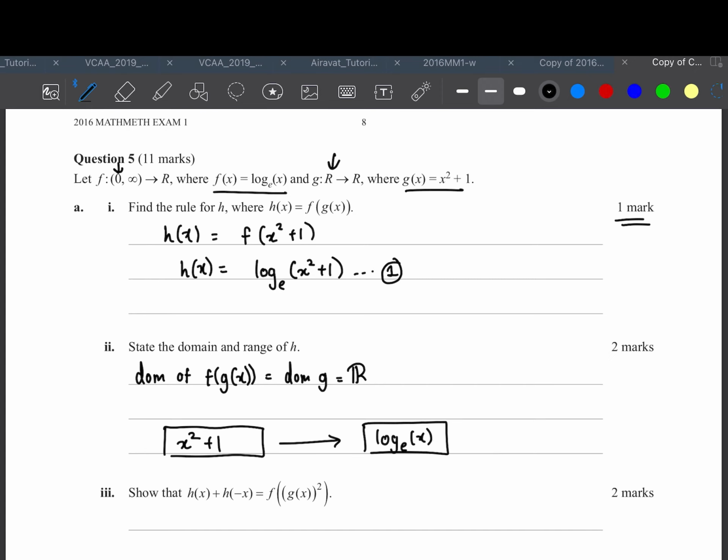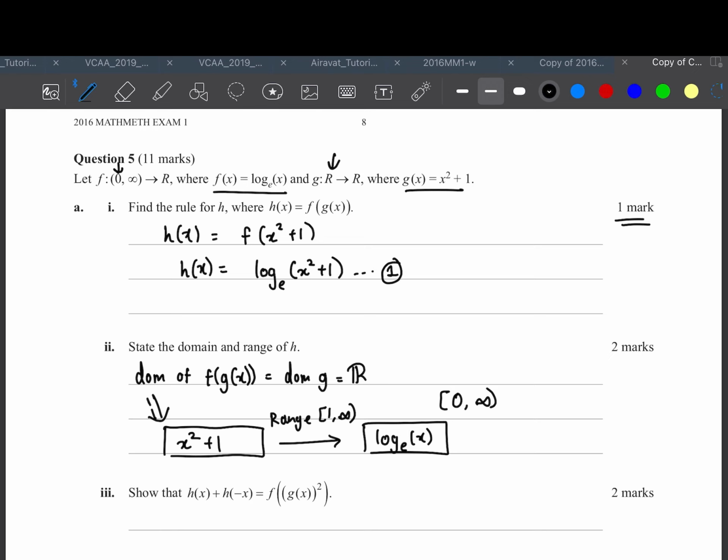Now, I'm going to take the domain of g essentially, input that in g, and that will give me a range of, what is our range here? 1 to infinity, right? Okay, now I'm going to input that range in function f of x. So that will give us an answer of 0 to infinity, which is going to be the range of this whole function.